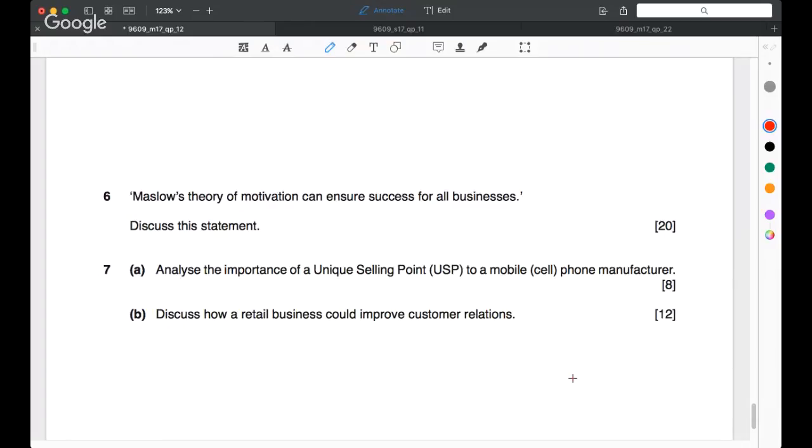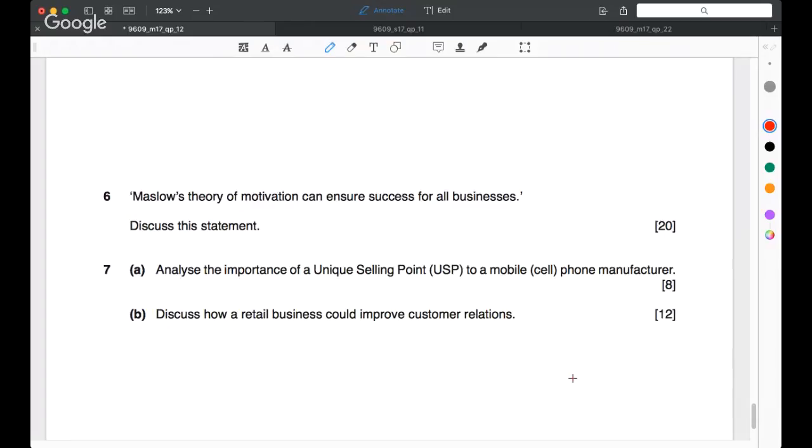7A, analyse the importance of the unique selling point to a mobile cell phone manufacturer. Well, the USP is obviously a unique selling point. How important is it for a phone manufacturer to have a unique selling point?